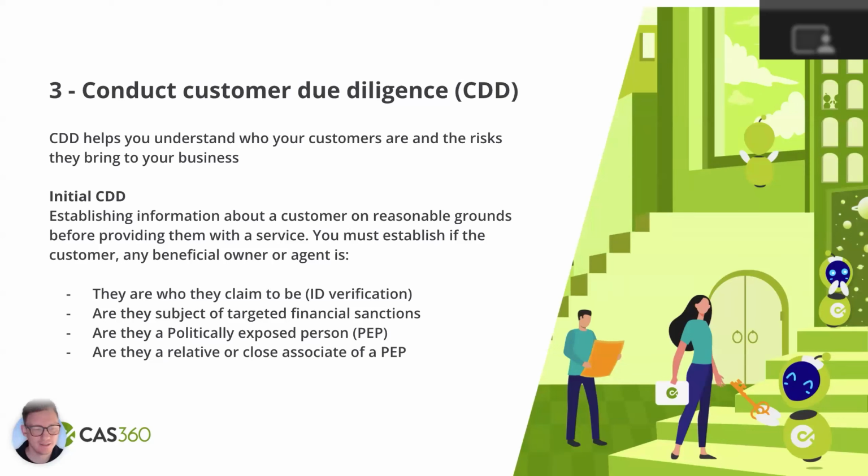Are they a politically exposed person? Do they have any sort of exposure to people in government, or are they in government? So you have to do a check on that. And are they a relative or a close associate of a politically exposed person? Now, in theory, and I'm providing general information here, not legal advice, this doesn't mean that they can't be a customer.